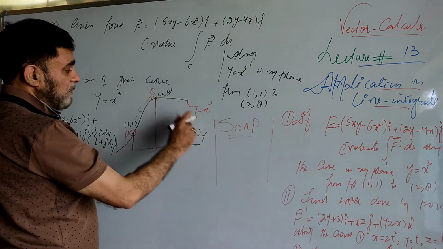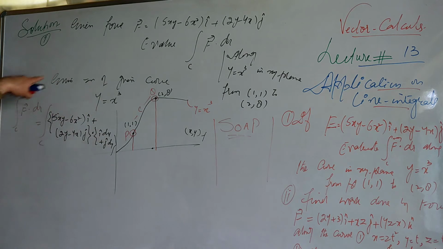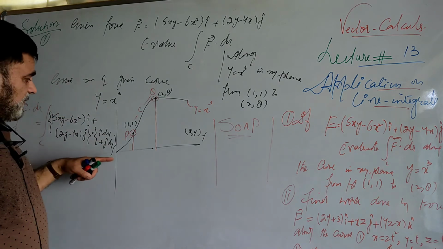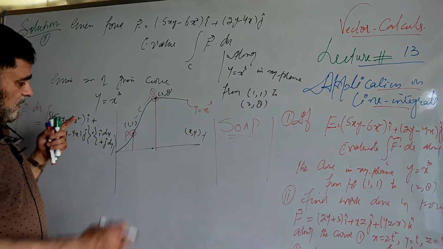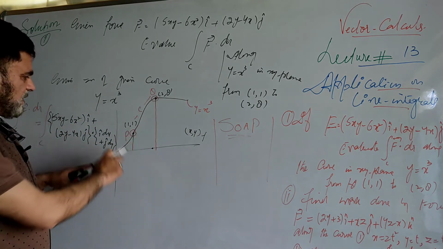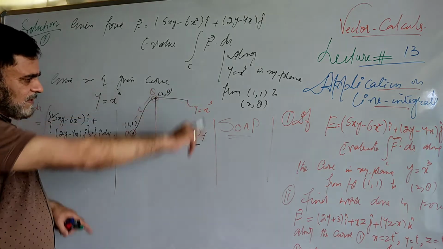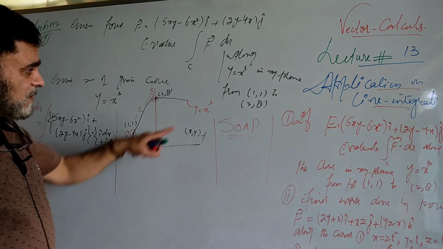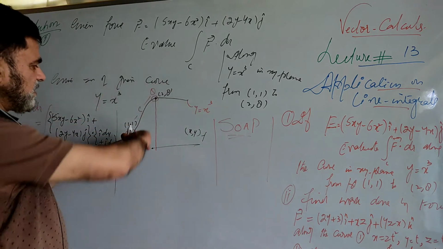Note that some parts of the curve may go to the yz plane, but there is no this side. So I have taken this side, the positive side, because he mentions the positive side. (1, 1) to (2, 8) means it is along this path.